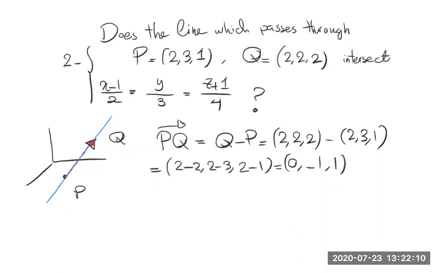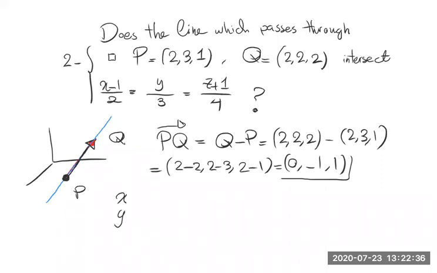So first I should write down the equation of the line which passes through these 2 points. In order to do that, I need the vector in the direction of the line. This is going to be the vector in the direction of the line. Whenever we have a point on the line, here P, for example, and the direction, we can write down the equation of the line.